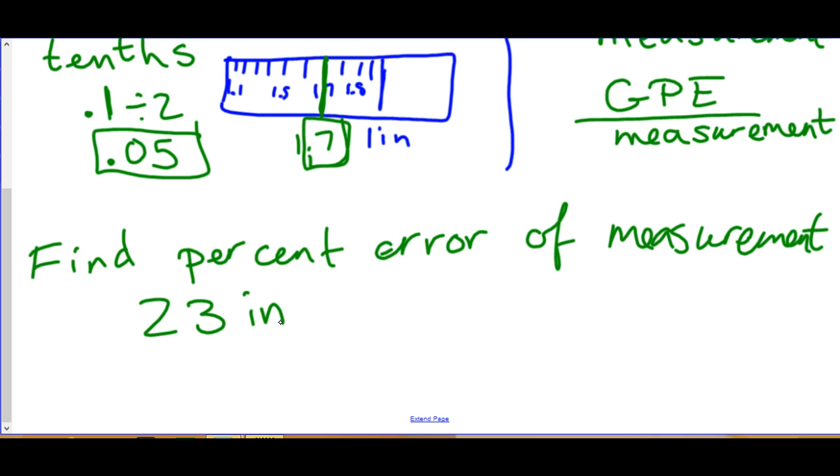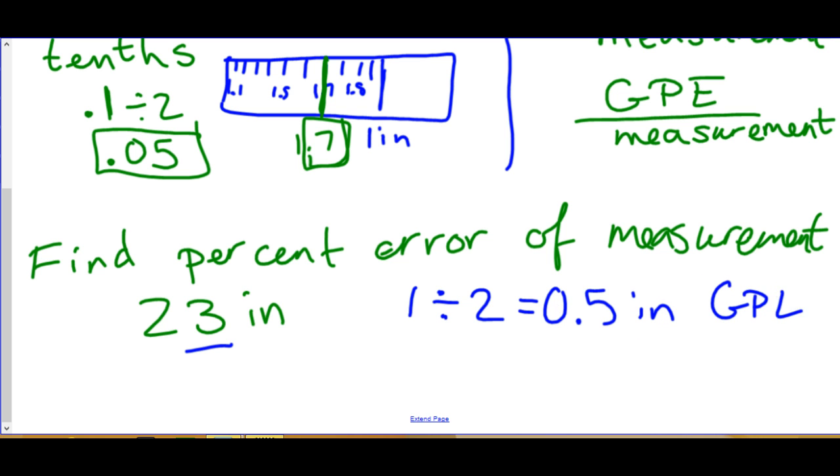First we have to find the greatest possible error. We just look at our units for that. We're measuring in the ones place, so our unit is 1 inch, and we cut that in half to get 0.5 inches. That's our greatest possible error.